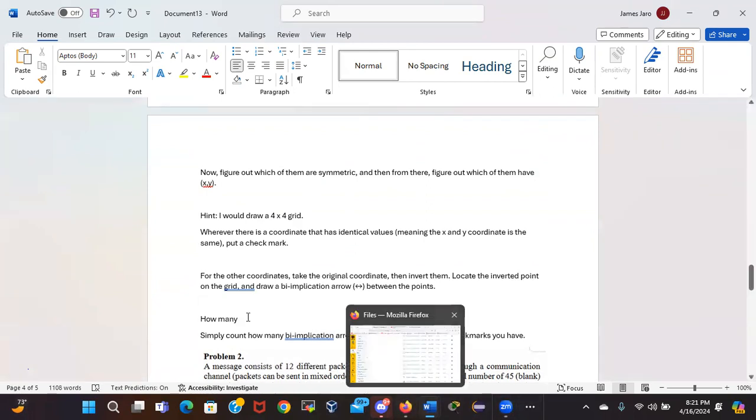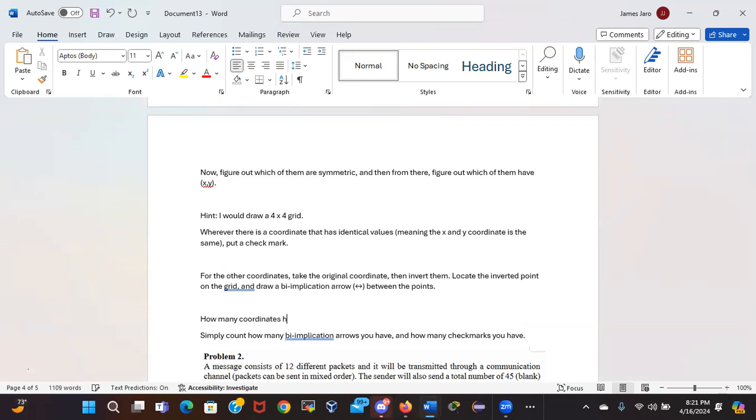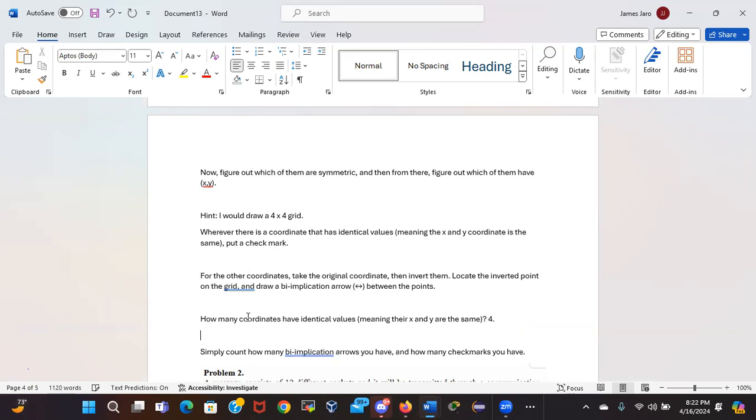How many coordinates have identical pairs of values, meaning their x and y are the same? So 4. So that leaves us with how many pairs? Yeah, 12 pairs where the coordinates do not have identical values.